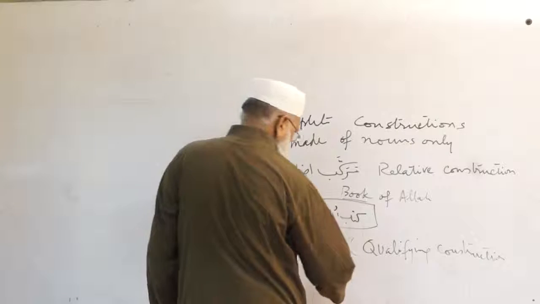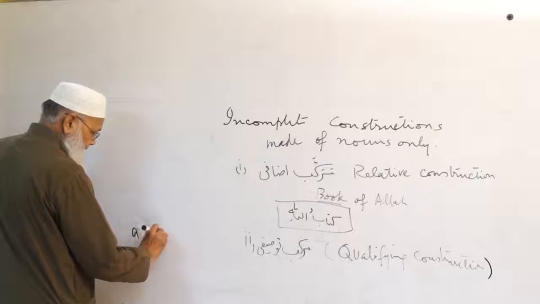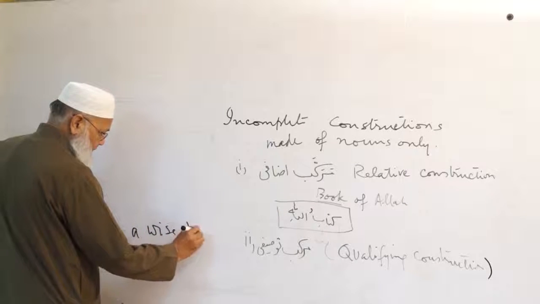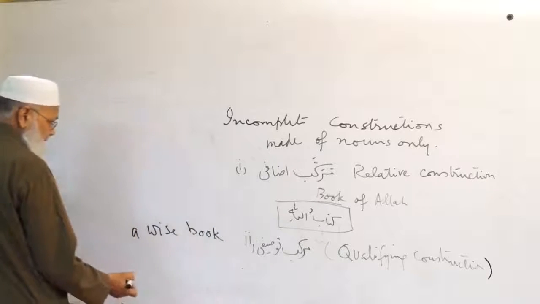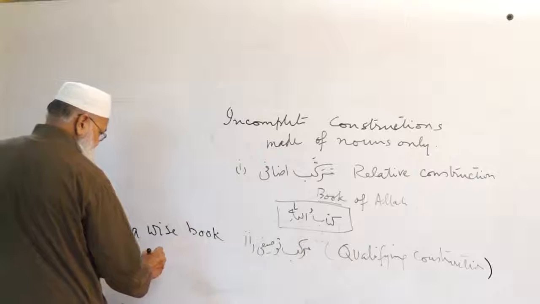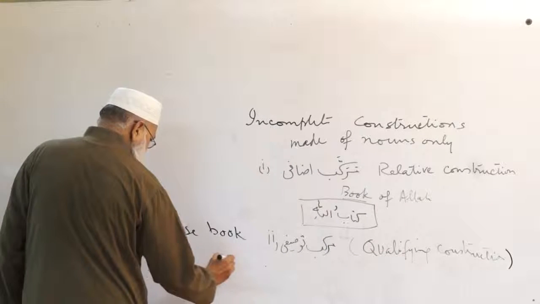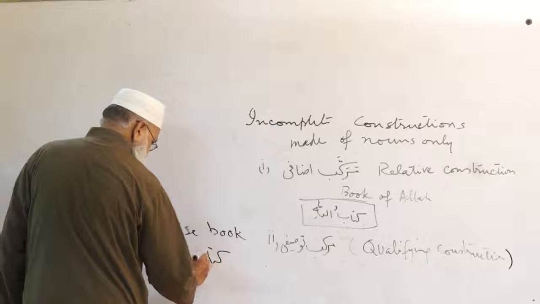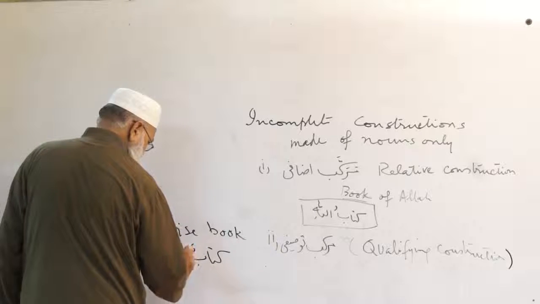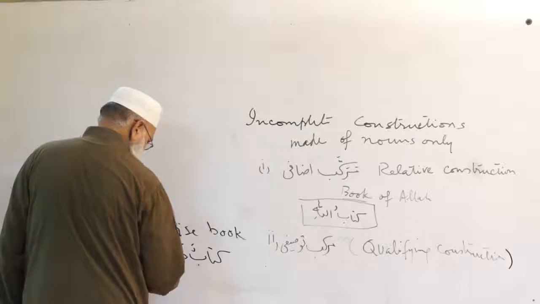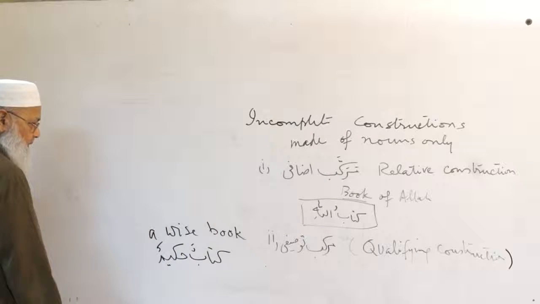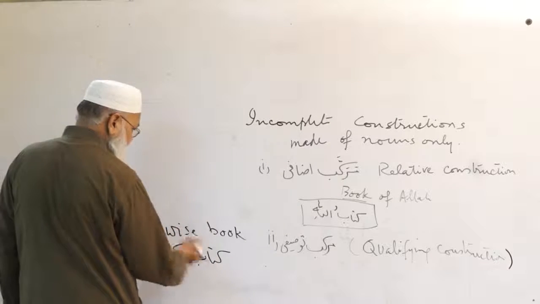For example, a wise book. That means a book containing wisdom. Its Arabic translation would be Kitabun Hakimun. A wise book, Kitabun Hakimun.